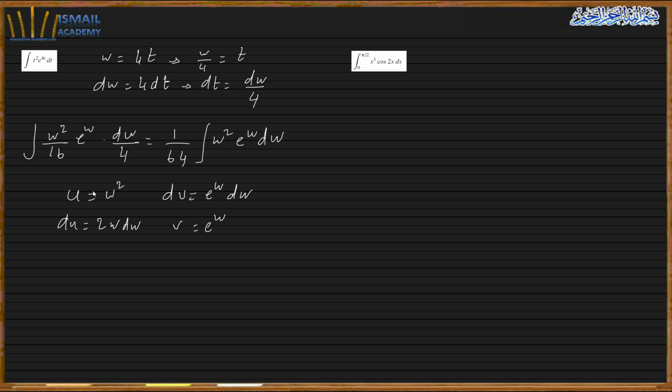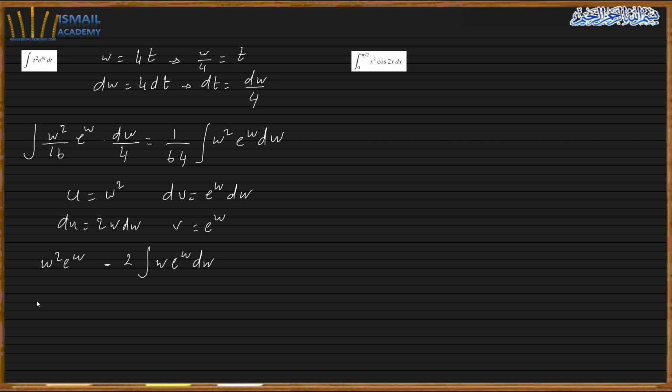You see, it's the same idea as the previous question. So it's going to be uv, w squared e to the w, minus the integral of v du, which is 2 the integral of w e to the w dw, and this is the same behavior as the previous one, which is I just integrate.